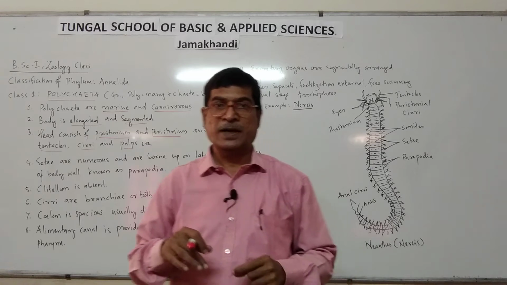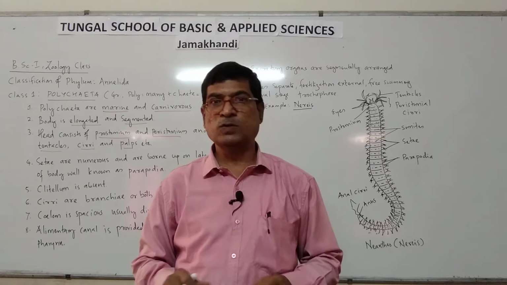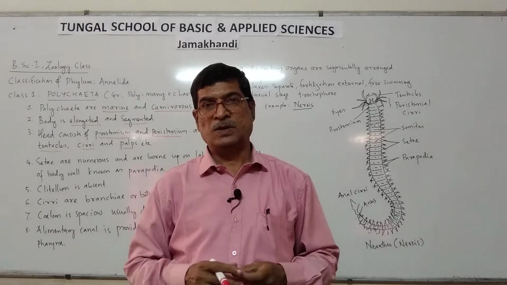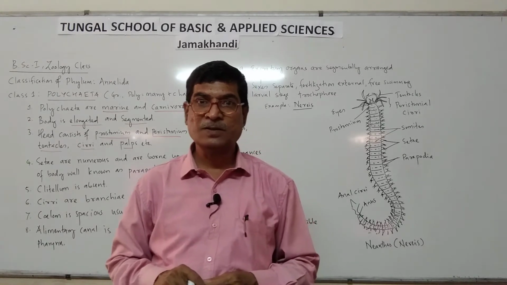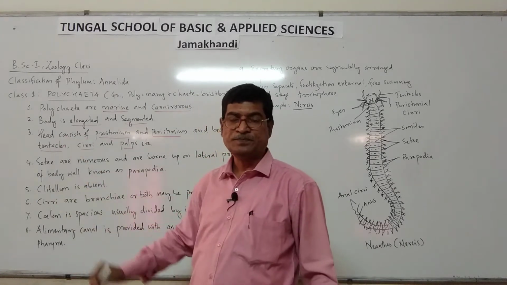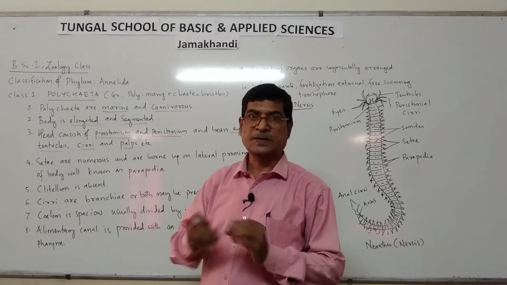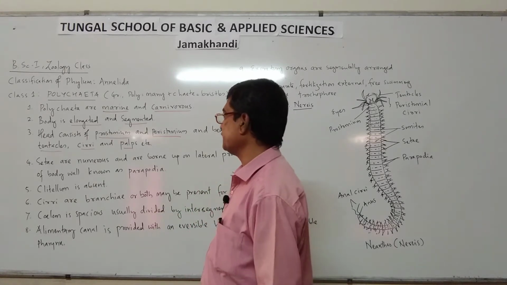Such type of head was not seen in earthworm. In earthworm, such a well-developed head is not present. But here in the Polychaeta, at the head region, these sensory structures are present.